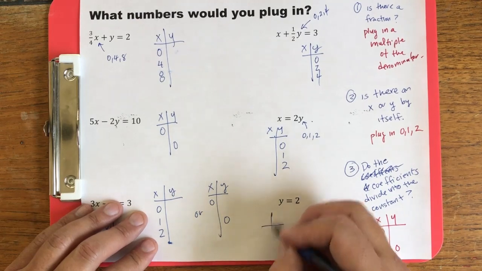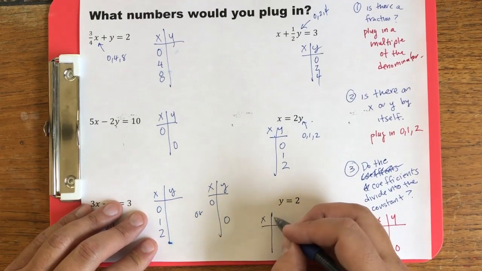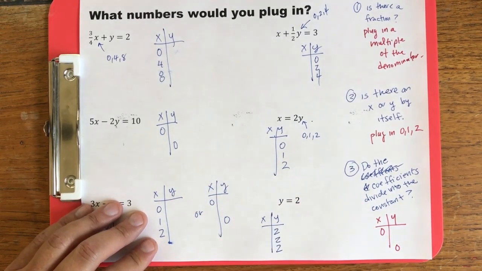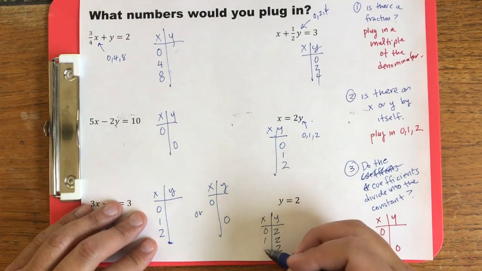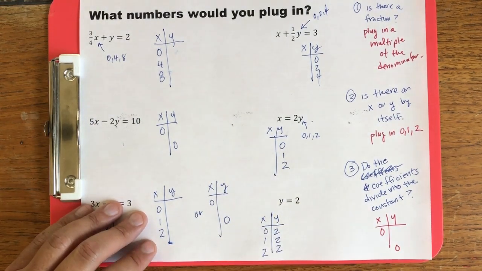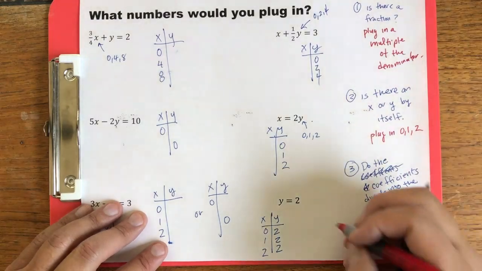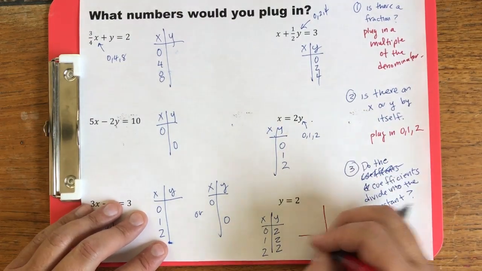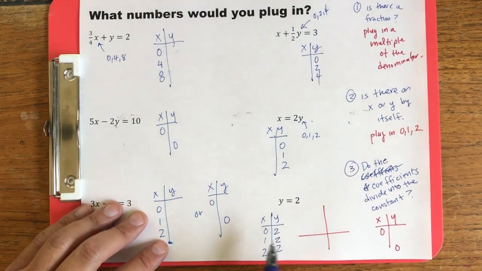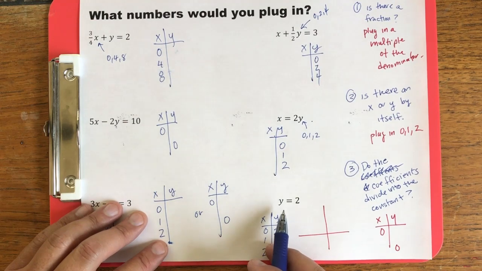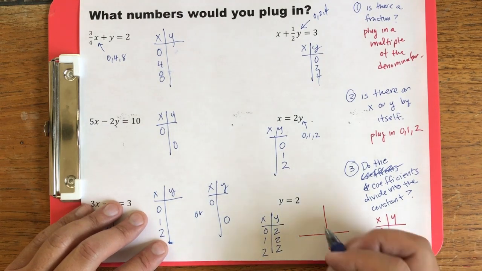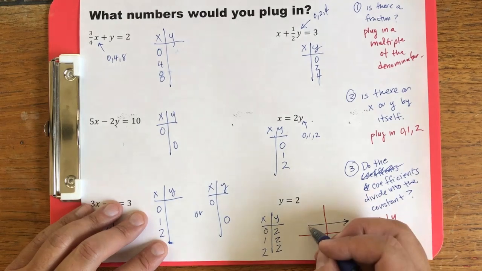If you wanted to, you could just plot 2's for the y's and plug in anything here. That works perfectly fine. What I tend to do on these problems is just use that memory mnemonic that y goes through 2 on the y-axis.